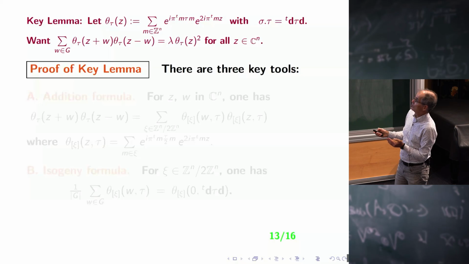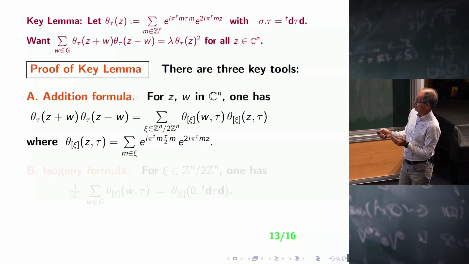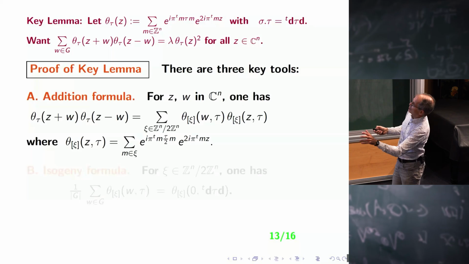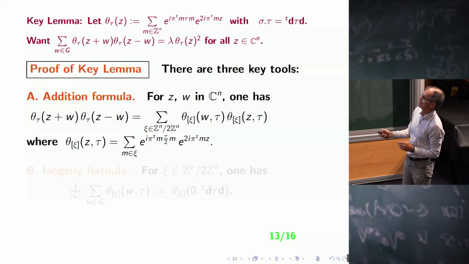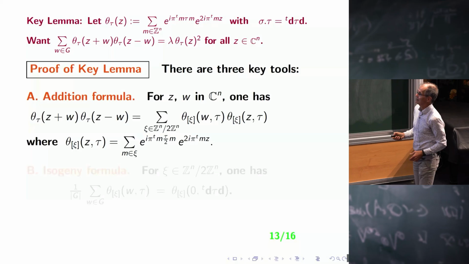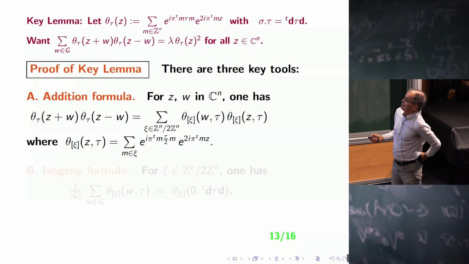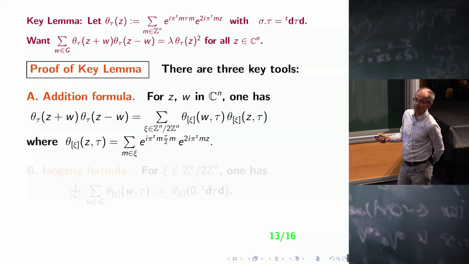This is the addition formula, which is due to Riemann, and which tells you that you can write it as a sum of a function of w and a function of z, and these are just some other kind of theta function. It's very easy to check this equality. You just expand, but it's nice to have it.